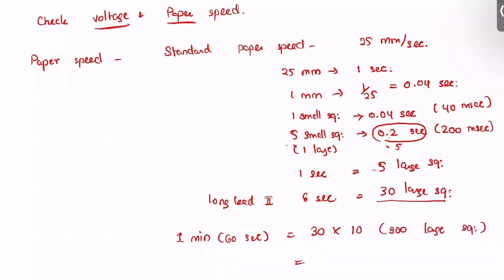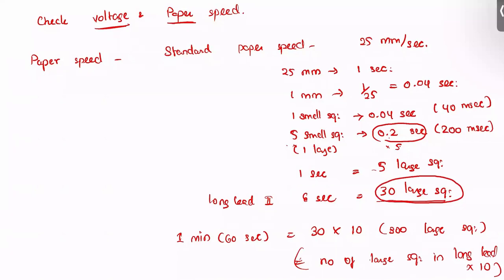So after we have done the long lead 2, that is after we have recorded the 30 large squares, we have to count the number of R waves in that long lead 2 and multiply by 10 to get the 1 minute heart rate.